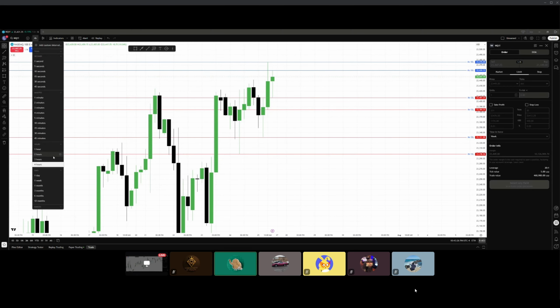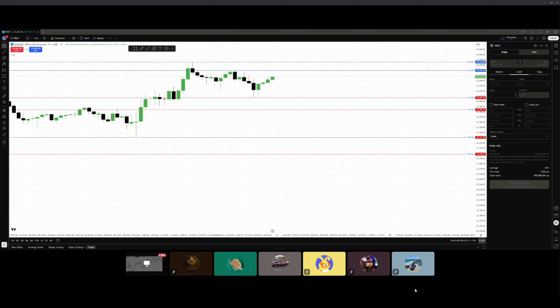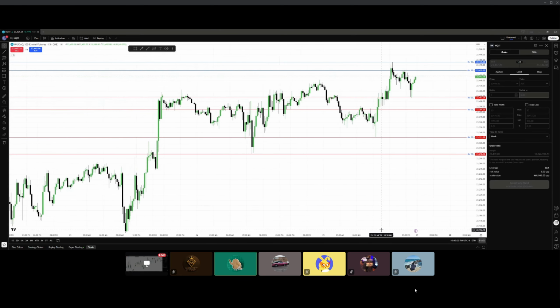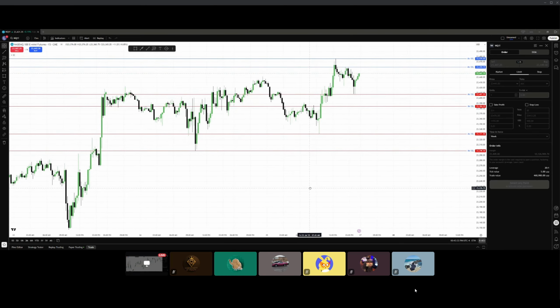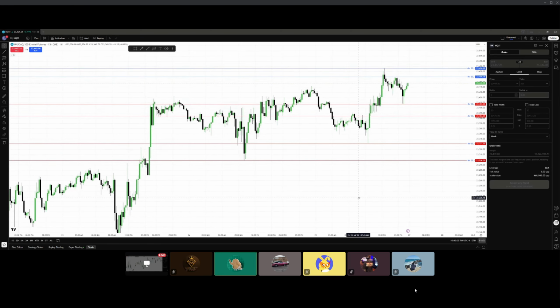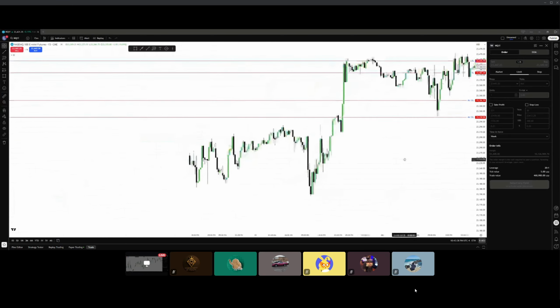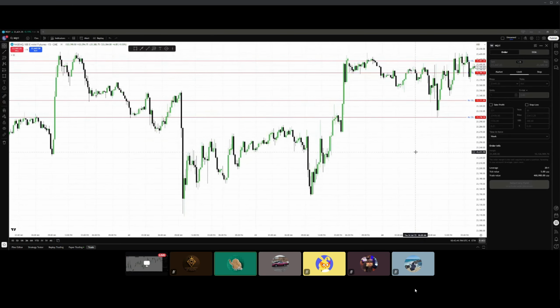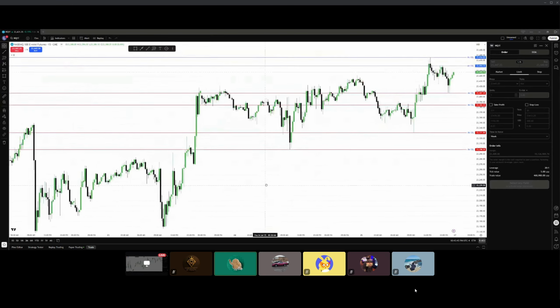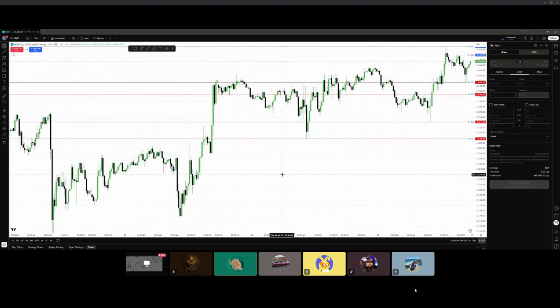Now, from there, I'm going to drop down to the 15-minute so I can see a better view of this all. So this is my 4-hour window right here, if I'm correct. Yes, it is. Now, you'll start to be able to see things that you didn't initially see, right?